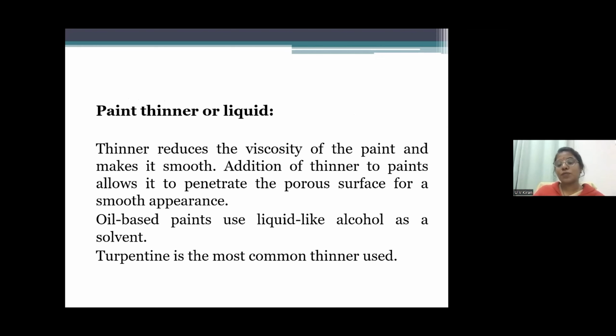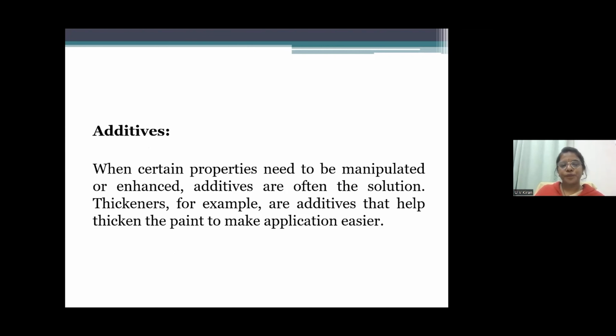It reduces the viscosity of the paint so that it can be smoothened and applicability will be easy, and it also helps in absorption and adsorption towards the porous surface for a smooth appearance. Oil-based paints use liquids like alcohol as a solvent, and the thinner most commonly used is turpentine.